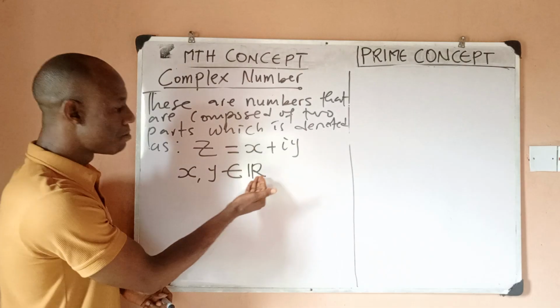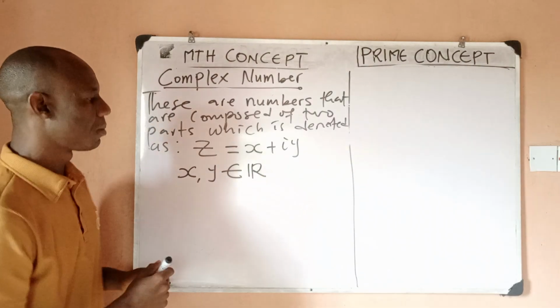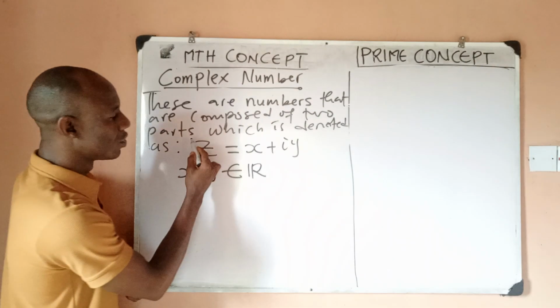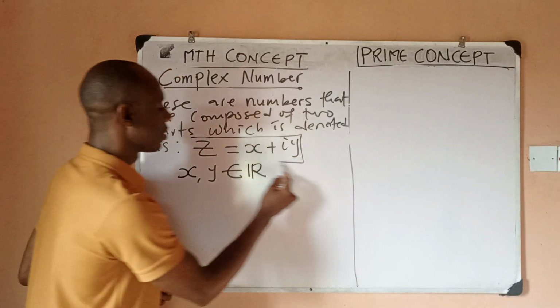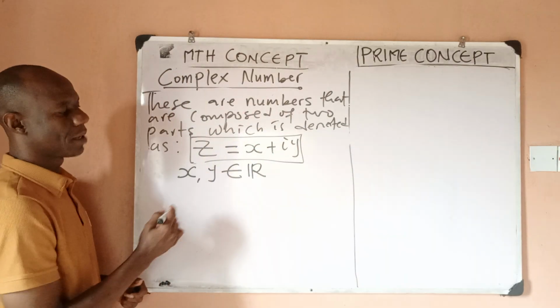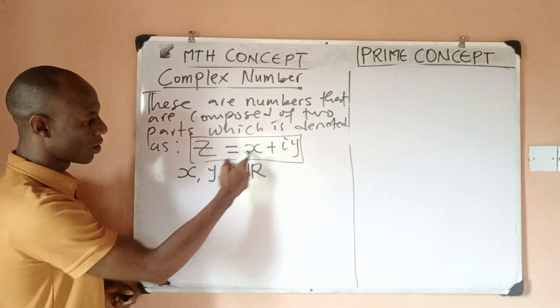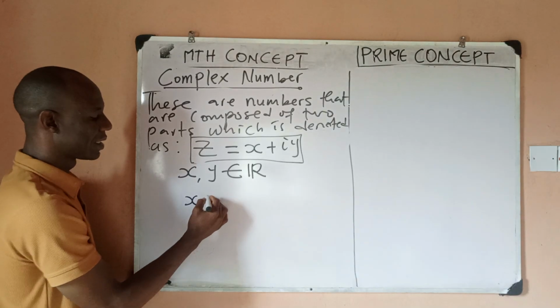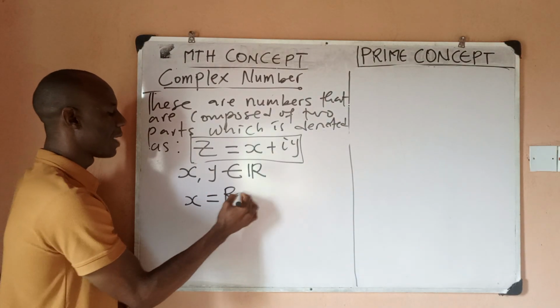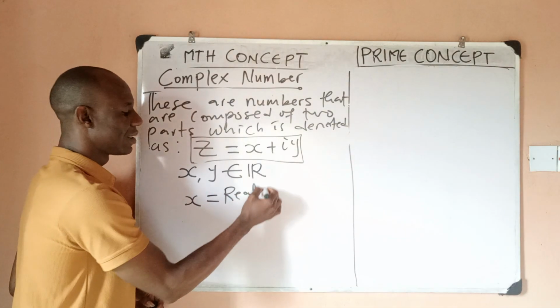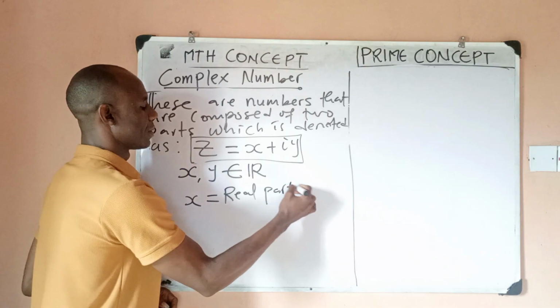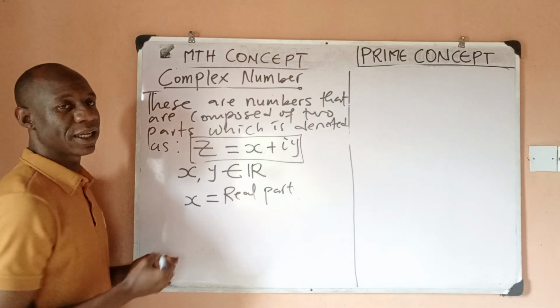So these are both members of the real number. In this particular notation, this is the notation for complex number. In this particular notation, x is known as the real part. X is the real part of the complex number.